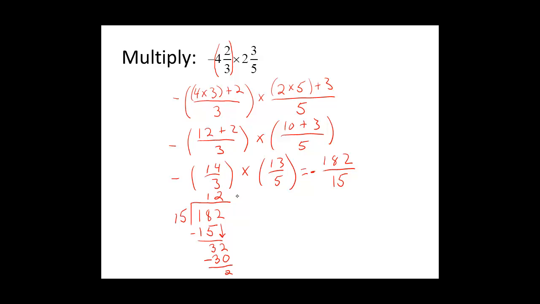The remainder is the numerator, and what we divided by is the denominator. So we can rewrite -182 over 15 as -12 and 2/15 as a mixed number. Here is our answer as an improper fraction, and this is our answer as a mixed number.